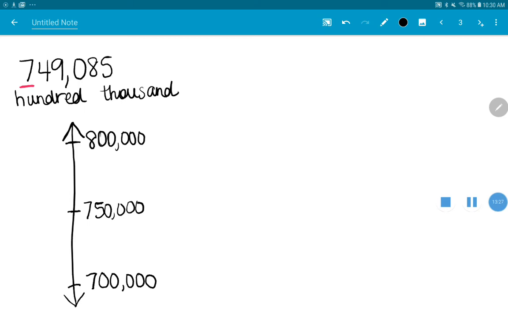Look up here at our example and tell me where I would put that number. Down to the midpoint. Just right below the midpoint. You're exactly right. It's just a little bit less. 749,085 is just a little less than 750,000.